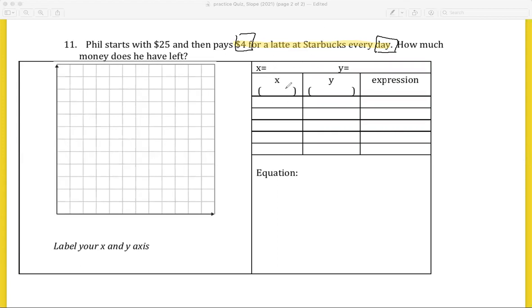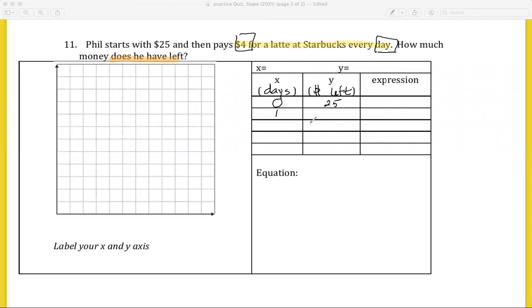So when I'm filling out my table, I could start with 0. And for 0 days, he still has his $25. So X is days. And Y is the amount of money left, because that's what they asked us for. They asked us how much money does he have left, because he is losing money to those lattes.